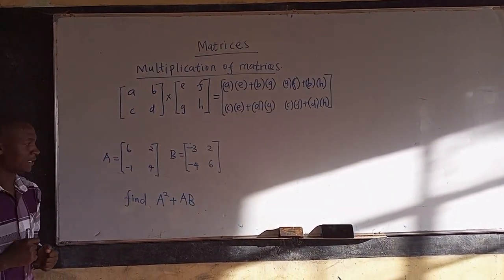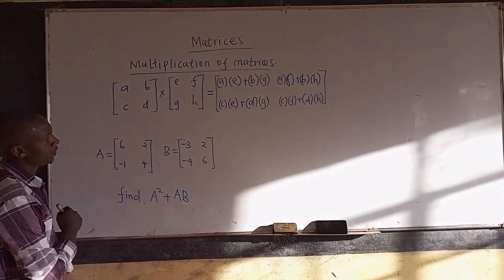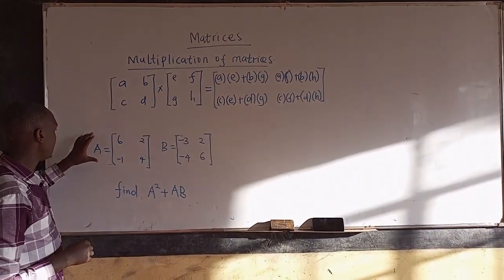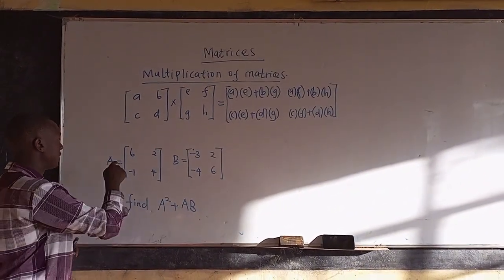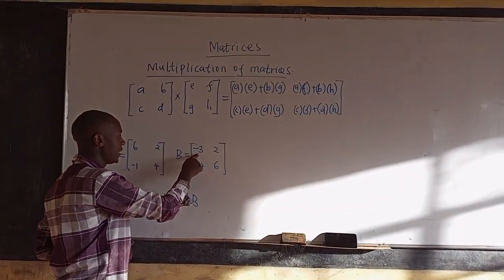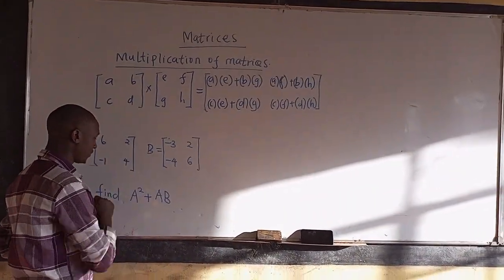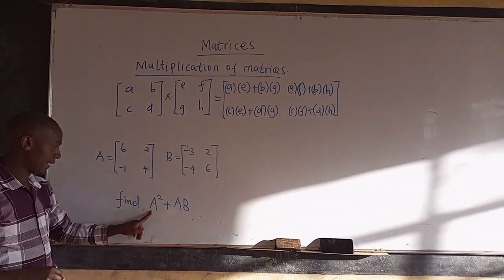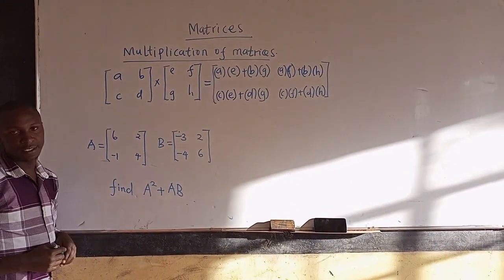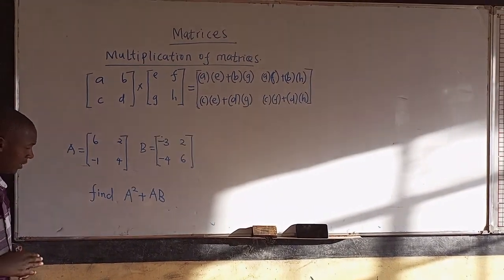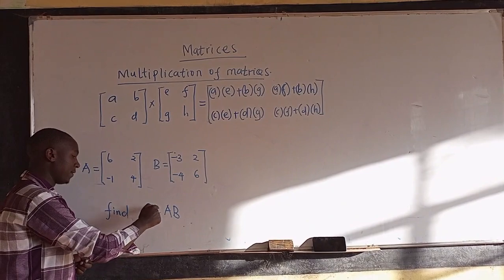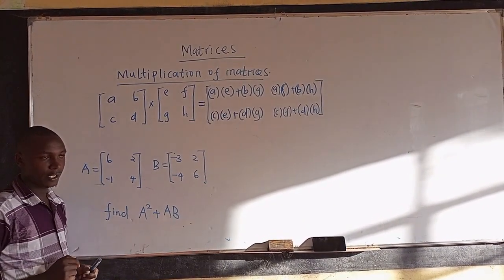So to make it easier, let us solve this example. This is a real example that we are supposed to solve. If we have matrix A equal to 6, 2, -1, 4, and matrix B is -3, 2, -4, 6, we are supposed to work out A squared plus A multiplied by B. For us to work it easily, it's good if we first work out the value of A squared.